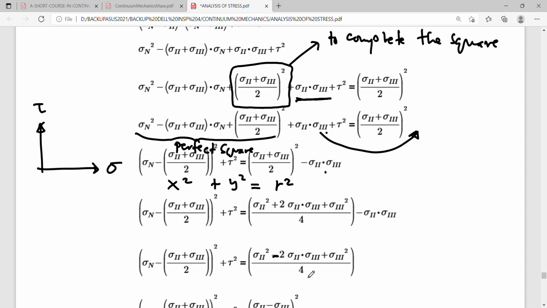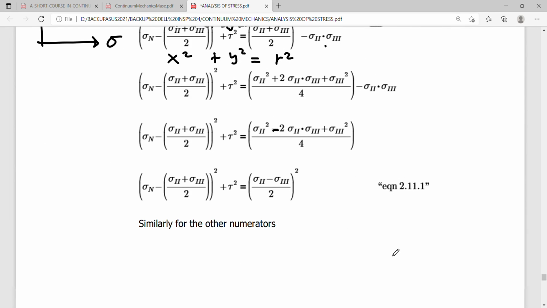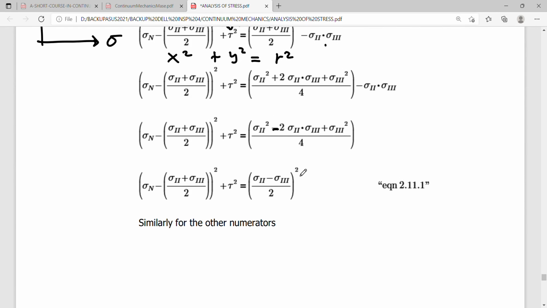Okay, and then we put it back into a perfect square again to yield this as your radius squared. Take note that the radius actually defines again your tau. Whatever is the radius, this is represented by tau.